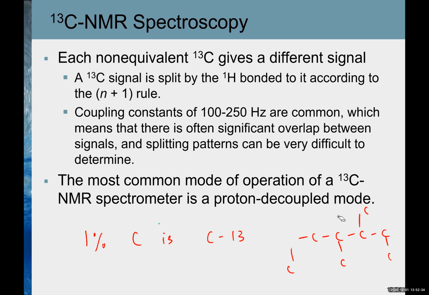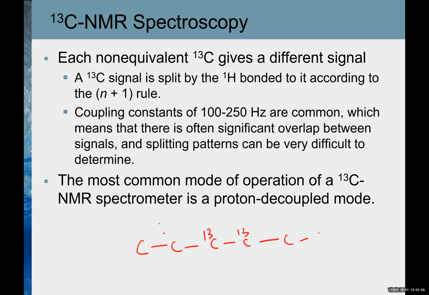The other thing is, because C13 is so rare, what are the chances that in a molecule we have two C13 atoms next to each other? What do you think? What are the chances?